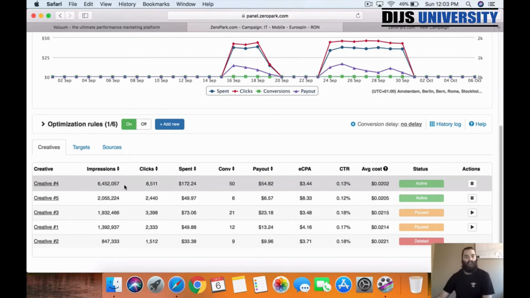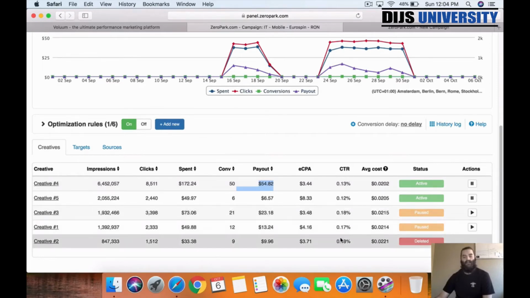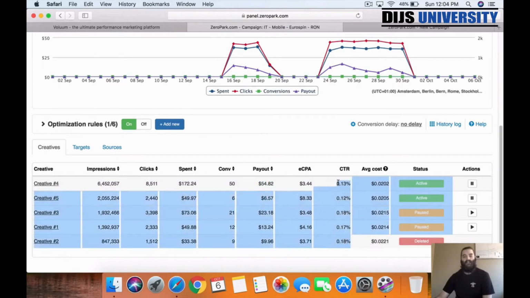This one got 6 million impressions, 8,000 clicks, and spent about $172. We got 50 conversions, quite a lot, but we only made $54, so not quite well with that. You can see the differences in the click-through rates over here.